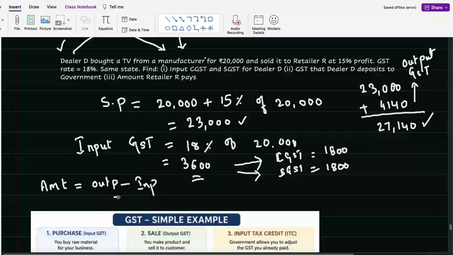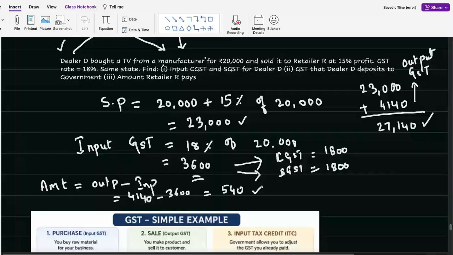That will be 4140 minus 3600, which is 540 rupees. He is paying 540 rupees to the government as GST payable. Understood? Is this clear to you?